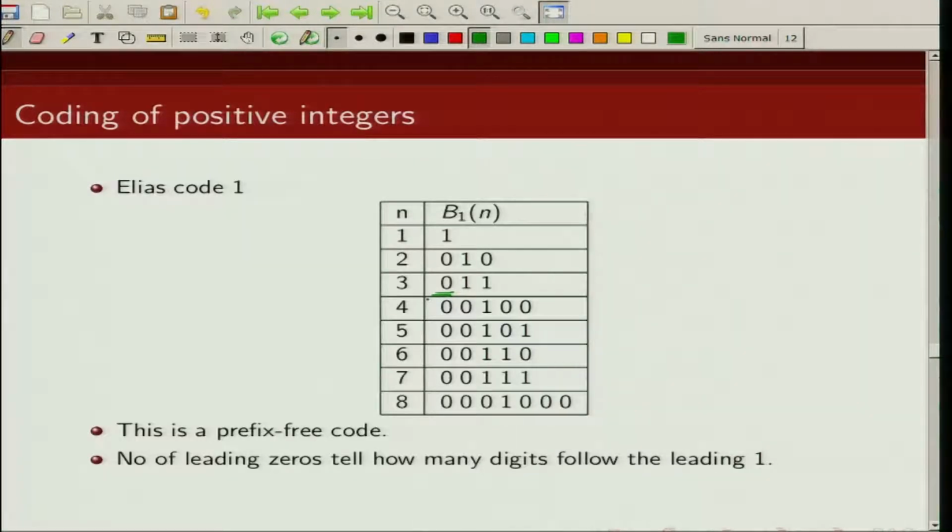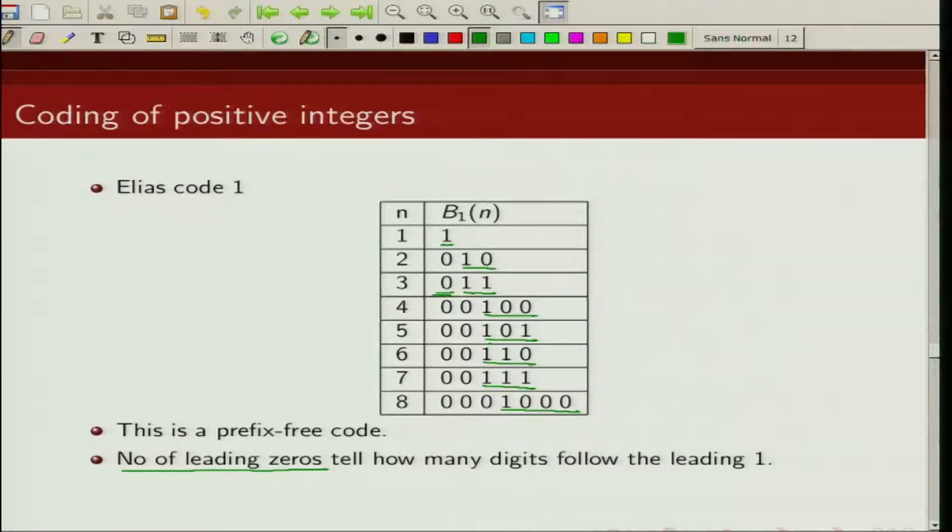As I said, in this particular code, the number of leading zeros tells me how many digits follow the leading one. There's one more observation you should take note of. When we are writing the binary representation of numbers, all of these numbers start with 1. You see here? 1 is 1, 2 is 1 0, 3 is 1 1, 4 is 1 0 0, 5 is 1 0 1, and so on.